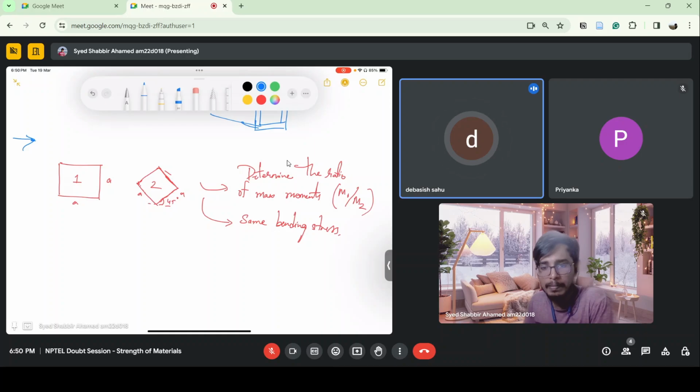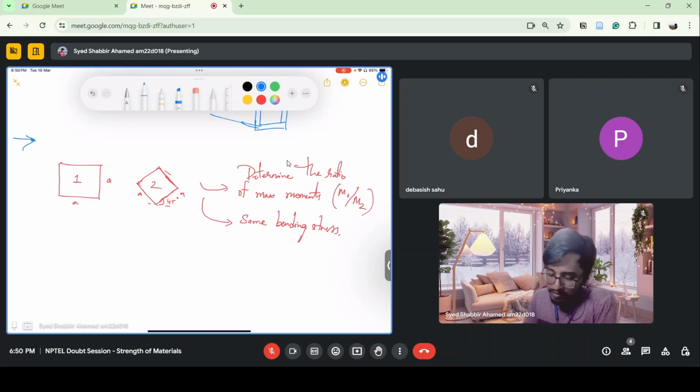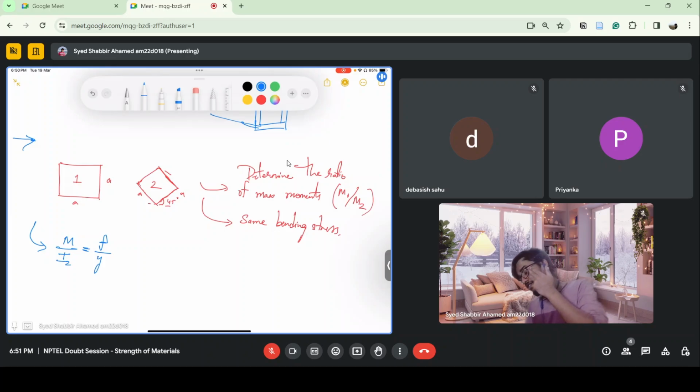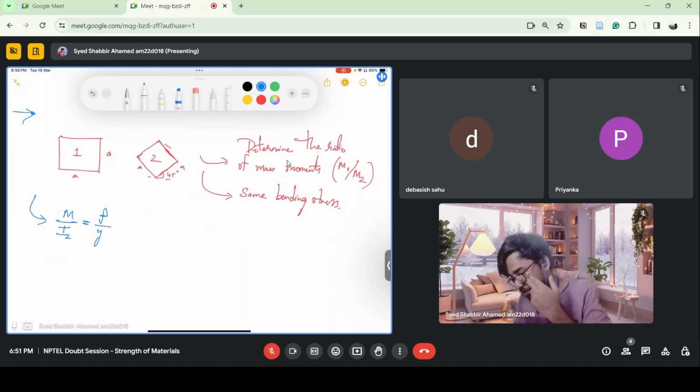Force into distance you can put, sir. No. We have the flexure formula. We have the relationship between the bending stress and the bending moment, which is given by the flexure formula. M by I is equal to F by Y. So this is the flexure formula, and it gives the relationship between the moment and the bending stress.